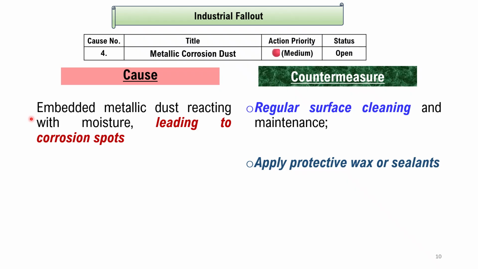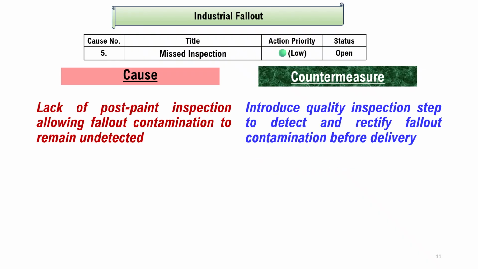Recommended countermeasure is regular surface cleaning and maintenance and apply protective wax or sealants. Number five, missed inspection. Lack of post-paint inspection allowing fallout contamination to remain undetected. What is the remedy? Introduce quality inspection step to detect and rectify fallout contamination before delivery of your product.